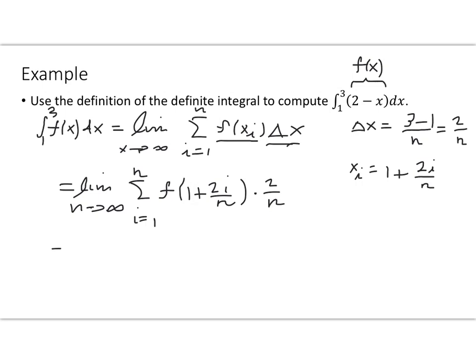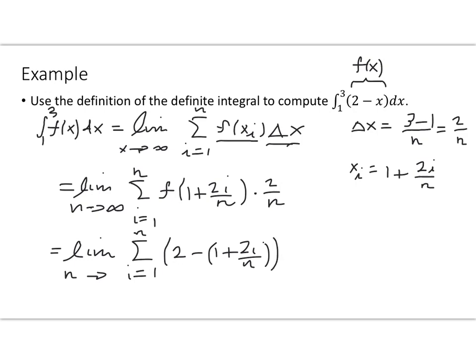Okay. And then what we need to do is just remember what f does. So f, remember, takes 2 minus whatever our input is. So it's 2 minus 1 plus 2i over n, times 2 over n.